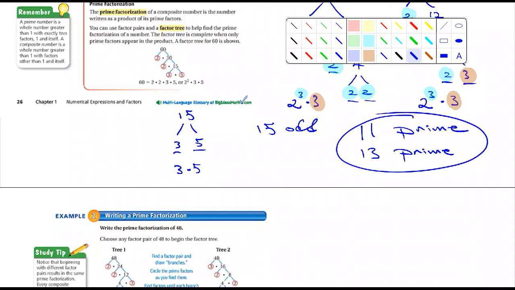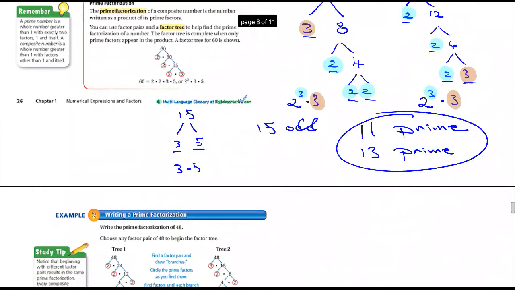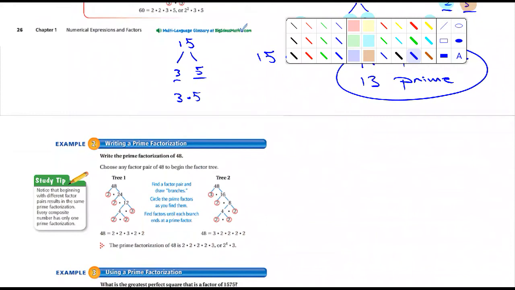Let's look at the last example they gave us. I think it was 51. So I'll just move it down here. 51. Is there any number that would go into 51?